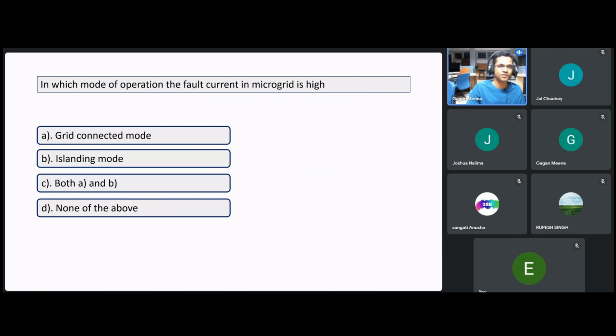Then let us move to the next question. In which mode of operation is the fault current in microgrid high? So grid connected mode, islanding mode, or both?